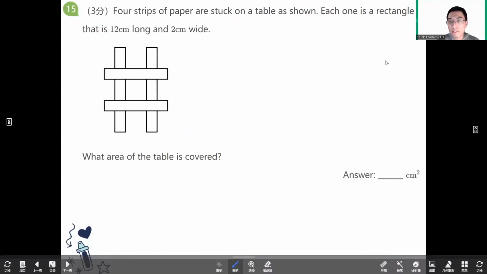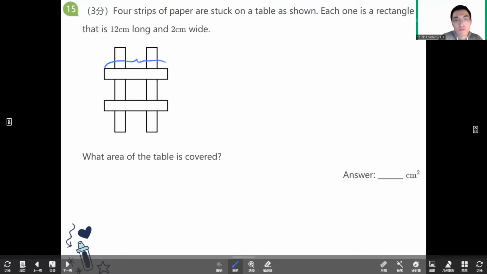This is an inclusion and exclusion problem. So some common mistakes are errors of omission or repetition. Let's look at the question first. 4 strips of paper are stuck on the table as shown. Each one is a rectangle that is 12 centimeters long and 2 centimeters wide. So the 2 dimensions of the rectangles are given to us.